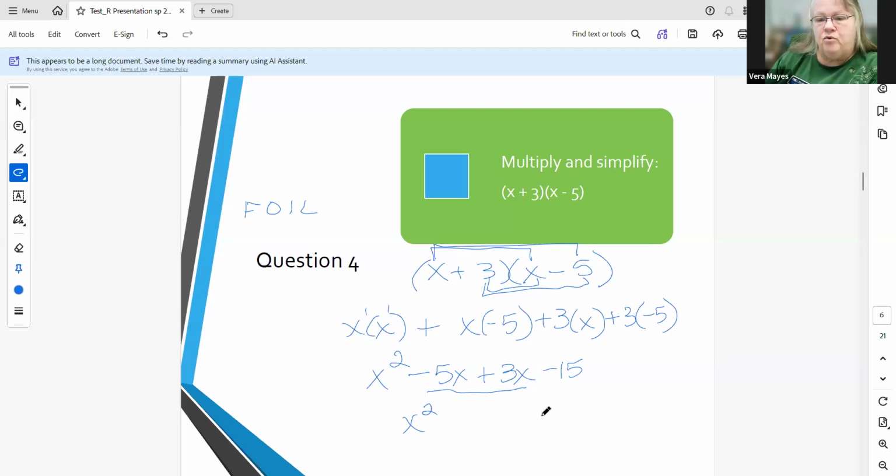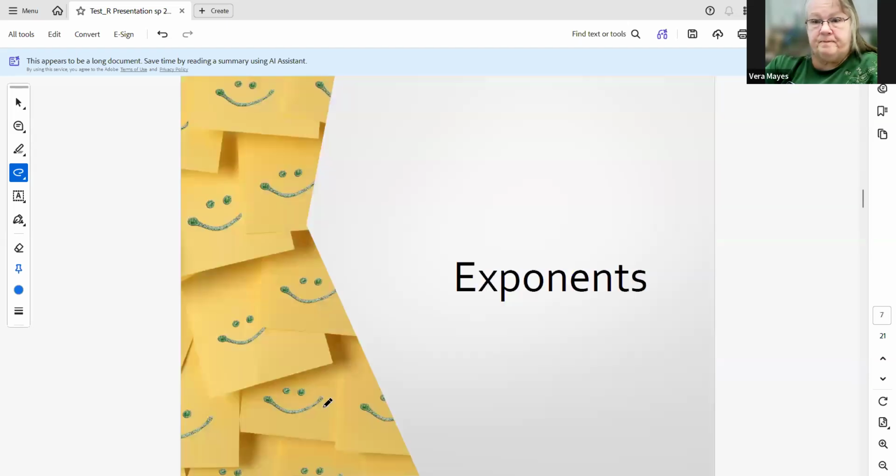So I'm going to bring down the ones that are not similar to anybody else. These two are the only ones that have exponents that match. So -5 plus 3 is a -2. And there's our final simplification for multiplying, because you'd see it says to multiply. So we could have stopped, but it does say simplify. So it wants us to do any cleanup, any combining of like terms that's possible.